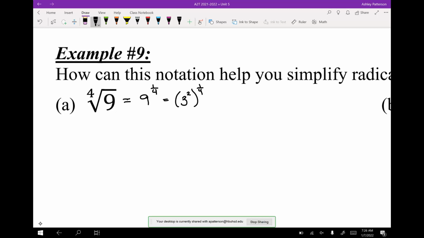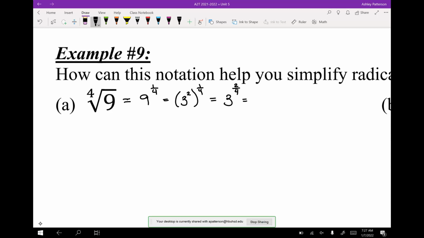Why are we doing this? To try to simplify. Now, it might not lead us anywhere, or it might. We'll see. What do we do if there's a power raised to a power? What do we do with our exponents? We multiply. Perfect. So this then becomes 3 to the 2/4 power. Can that reduce? Yes.